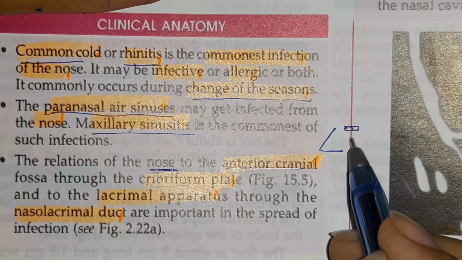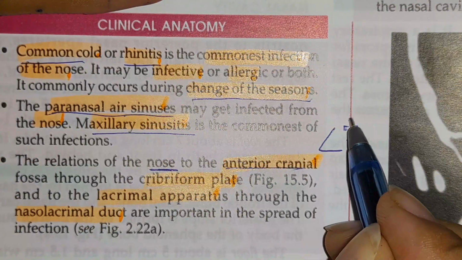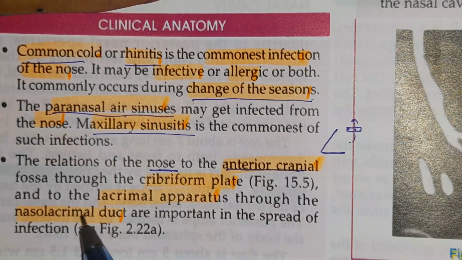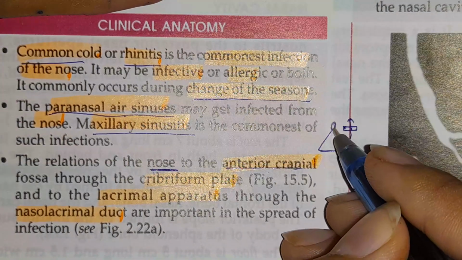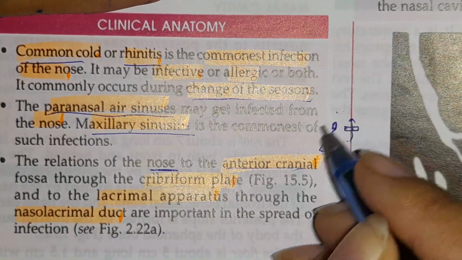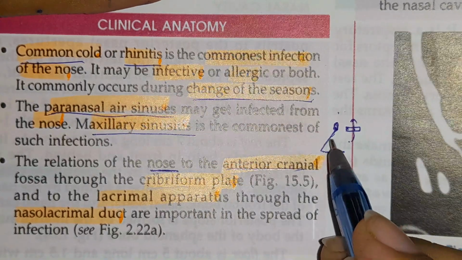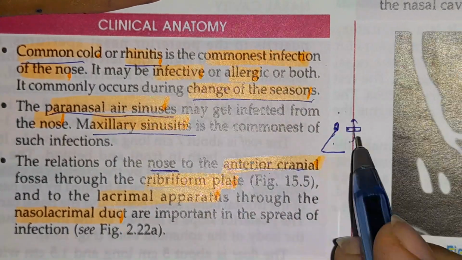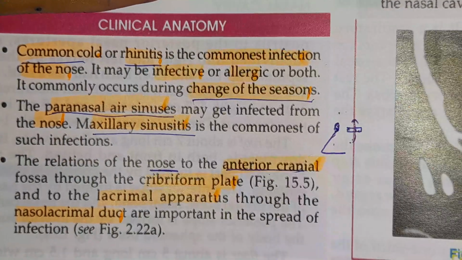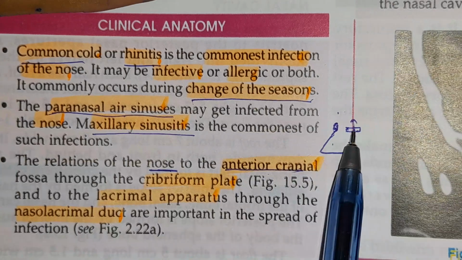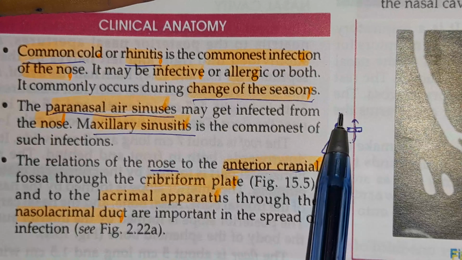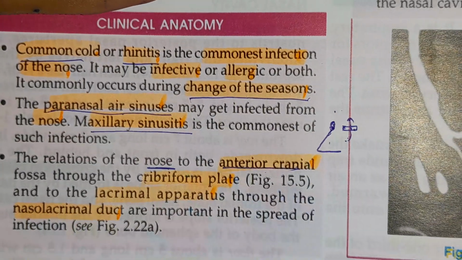So this middle cribriform plate connects your nose to the anterior cranial fossa, and the nose is also connected to the lacrimal apparatus through the nasolacrimal duct, which is in the medial-most portion. So these are both sites of spread of infection: from the nose to the anterior cranial fossa, and from the nose to the nasolacrimal duct or lacrimal apparatus.